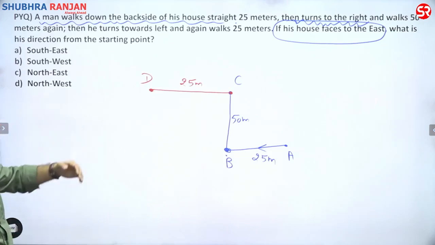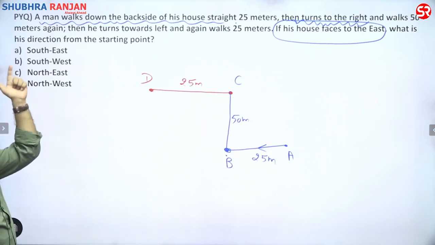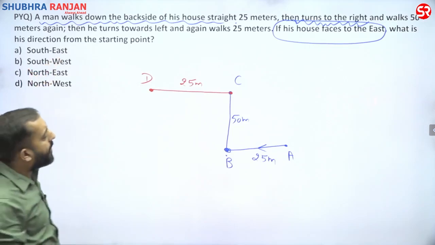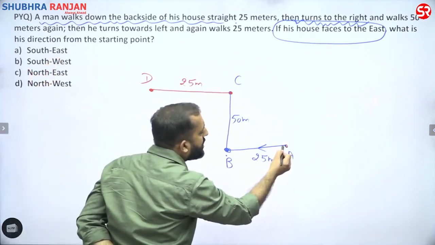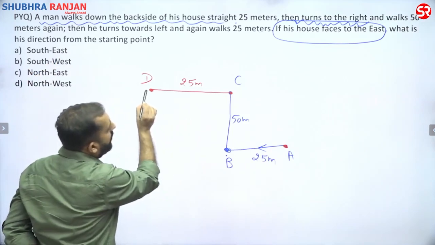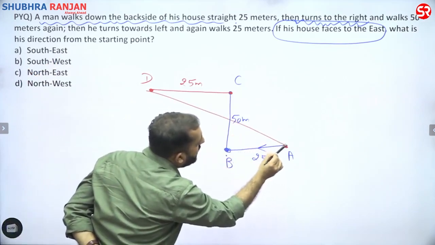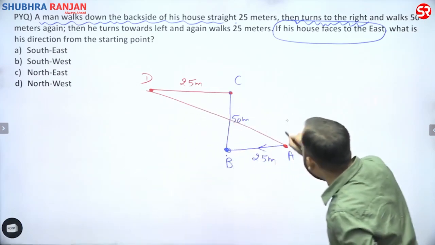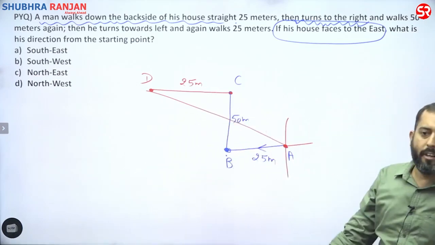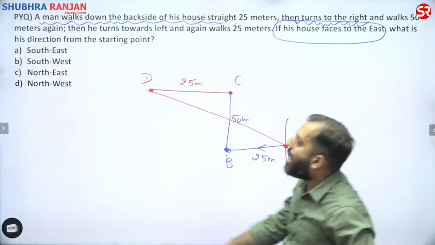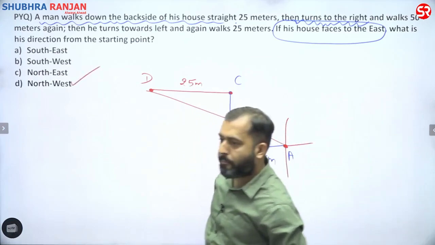Now, what is his direction from the starting point? So with respect to A, we want to find out this AD with respect to A. With respect to A, this direction is northwest. The answer has to be option D.